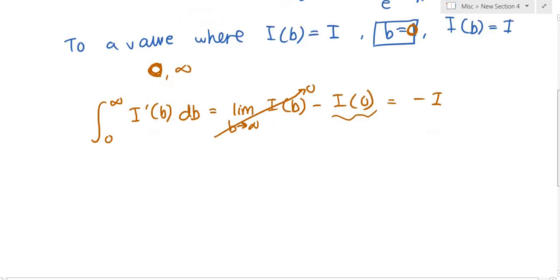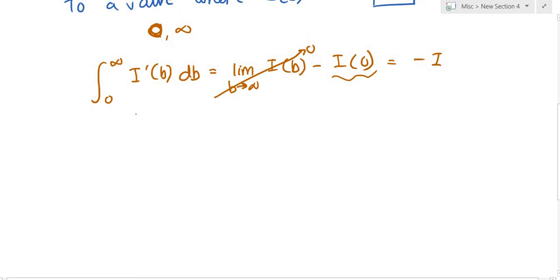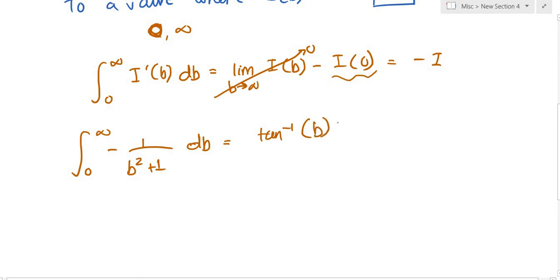That's why this is important. So we have an expression for I prime of b. Let's integrate that from 0 to infinity. So we have negative 1 over b squared plus 1 db, right? We just calculated this on the previous page. So now what's the antiderivative of 1 over b squared plus 1? That's right, the inverse tangent of b evaluated from infinity to 0, with a negative sign.